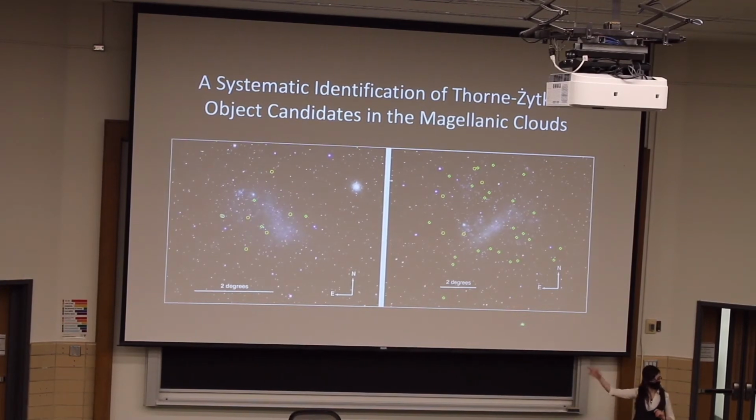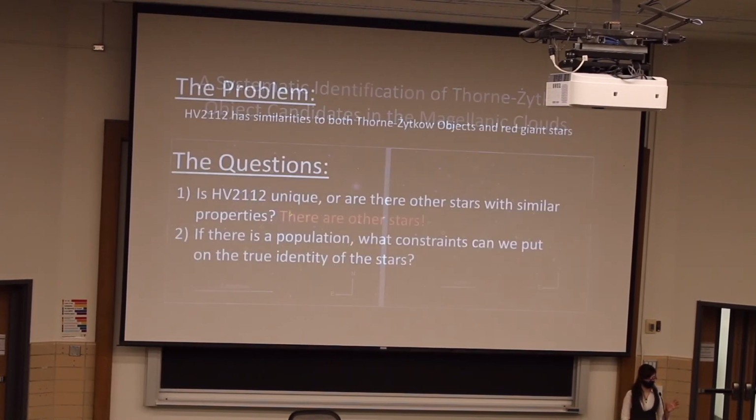So this is the small and the large Magellanic Cloud. The blue circle here is HV2112. The yellow circles are 10 core candidates that really looked a whole lot like HV2112. The green triangles are other stars that we thought looked kind of similar, but not enough to warrant a deeper analysis. So we have 10 stars. So that answers the first question.